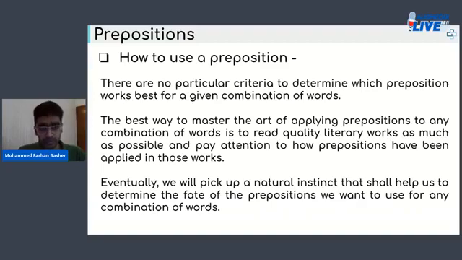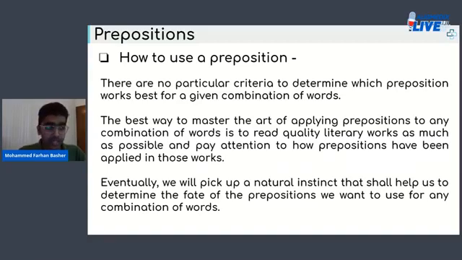You follow? So what's happening here? If you want to look for a certain criteria for applying prepositions, you may not find any because there are no set rules as such, right? However, what you can do is read a lot of good English written pieces, right?